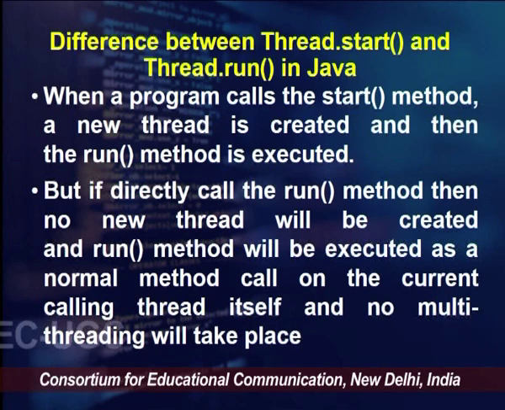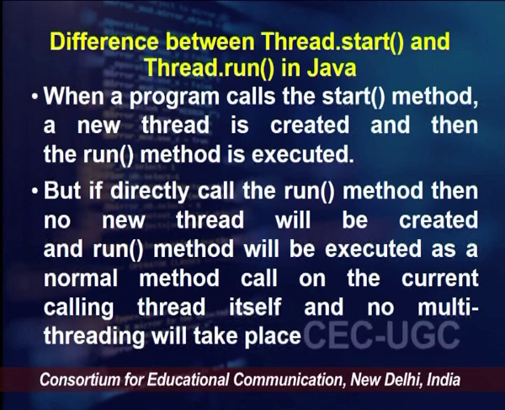If we are directly calling the run method, without start, then no new thread will be created, and the run method will be executed as a normal method call on the current calling thread itself.